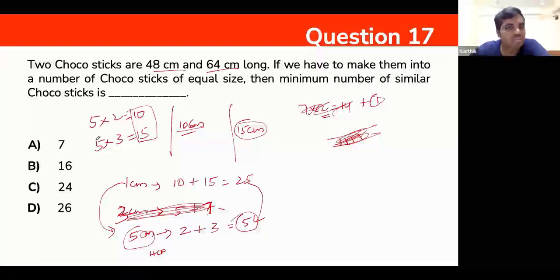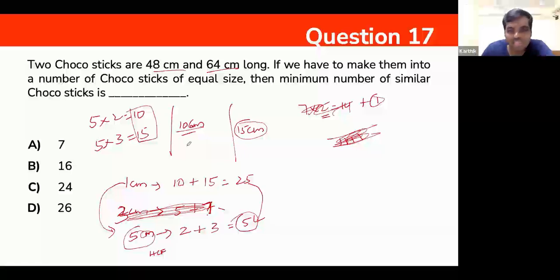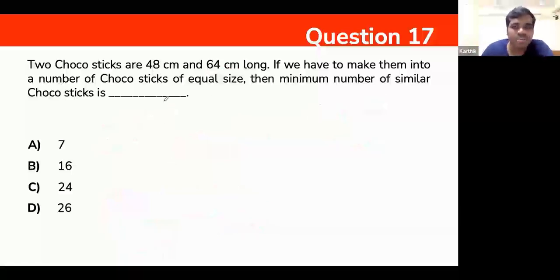So now the same logic we are applying to this question. Here I have taken 5 and 10 for simplification, but our question is 48 and 64. So I will divide these two numbers by their HCF. HCF of 48 and 64 is nothing but 16.